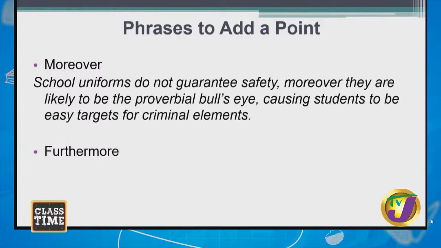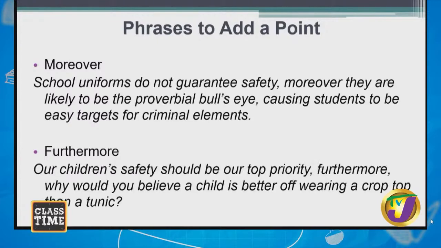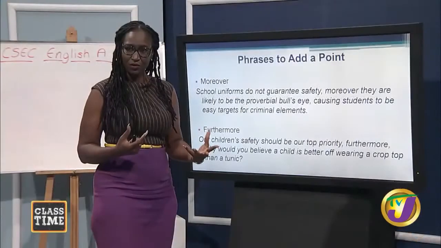So let's look at how you could use furthermore. Our children's safety should be our top priority. Furthermore, why would you believe a child is better off wearing a crop top than a tunic? So right here now, you have your original point that the children and their safety should be a priority, which we all agree.